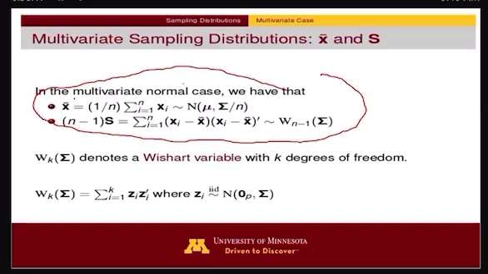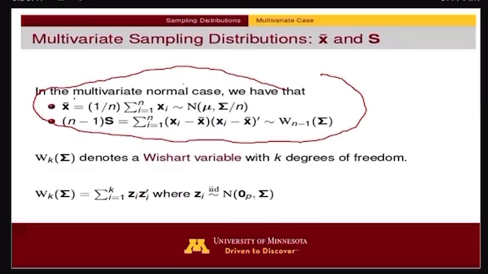Even if you are choosing from a population that is not normal, provided the sample size is large, the distribution of the statistic becomes normal. This is also being extended to the multivariate case, where more than one variable is involved. So the normality in the central limit theorem in the multivariate case is multivariate normality.